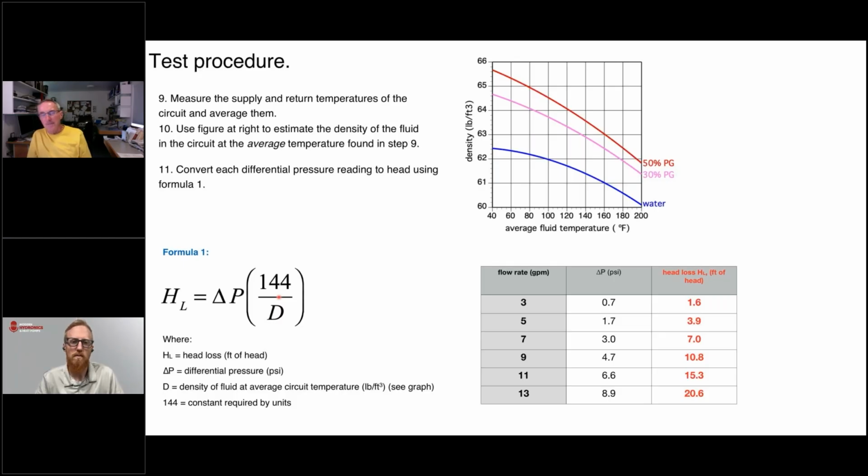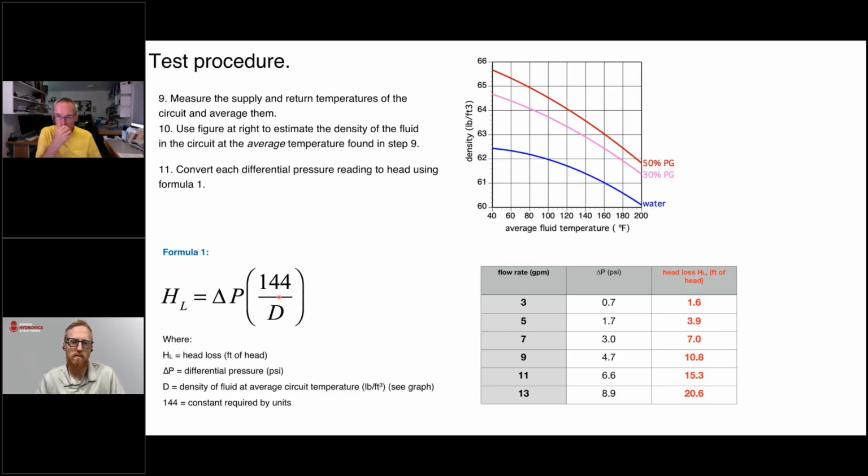In theory, if you know exactly what's in that circuit, every pipe length, every fitting, every valve, every component, and you can look up or use a computer simulation to put together the total head loss of the circuit at a given flow rate, in theory, no, you don't have to do this test.